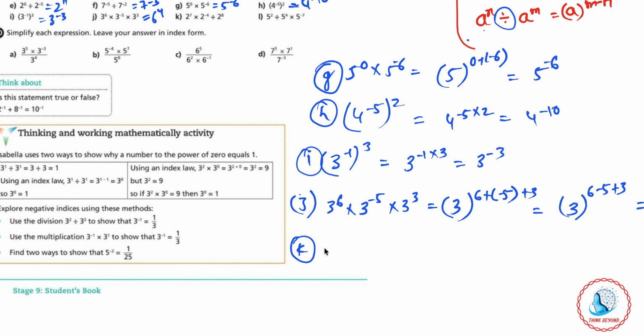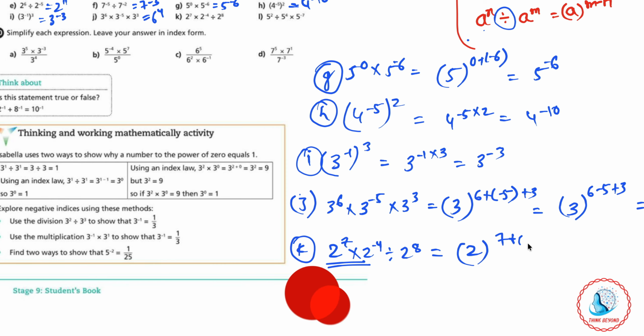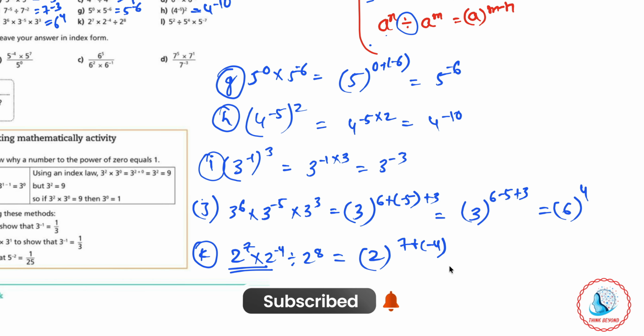Question number K says 2 raised to power 7 times 2 raised to power minus 4 divided by 2 raised to power 8. Okay, now bases are same. First do this one. So 2 raised to power 7 plus minus 4, then divided by 2 raised to power 8.